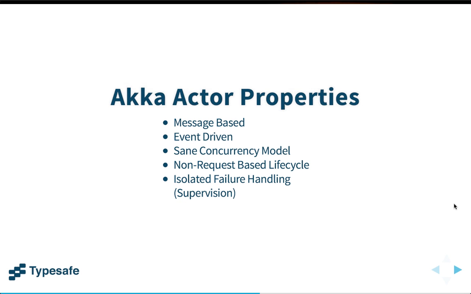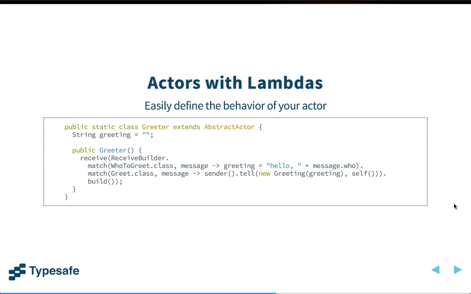The cool thing with Java 8 and the lambda syntax is that we can now more easily define the behavior of that actor by using lambdas. Here we have, in a Typesafe way, a small actor called the greeter.